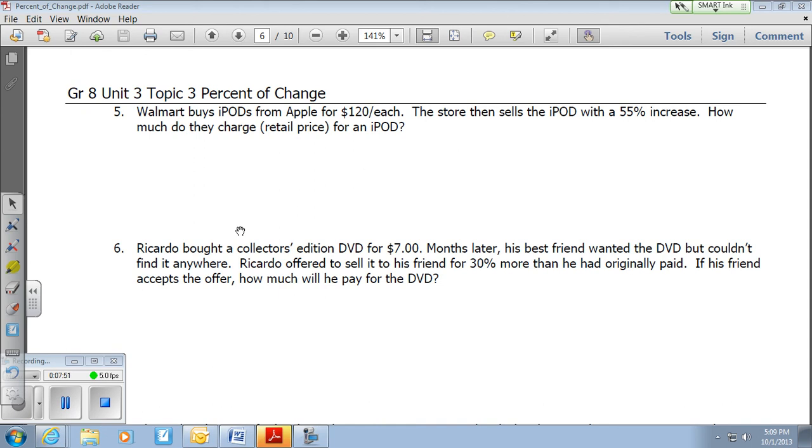All right, so let's look at using a percent bar for setting this one up. Remember, this is an increase. This is a markup. They're buying it from Apple cheaper than they're going to sell it, so they can make some money. So their markup is 55% over what they paid.